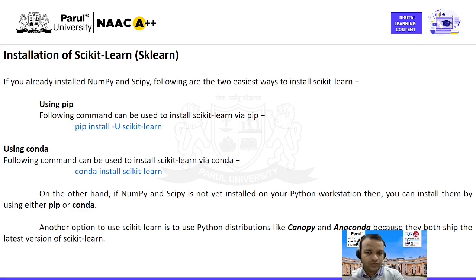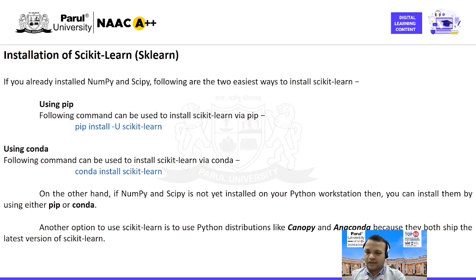The following command can be used to install Scikit-Learn via pip: pip install -U scikit-learn. Using the command prompt, just write this command and hit enter to start the installation process of Scikit-Learn.